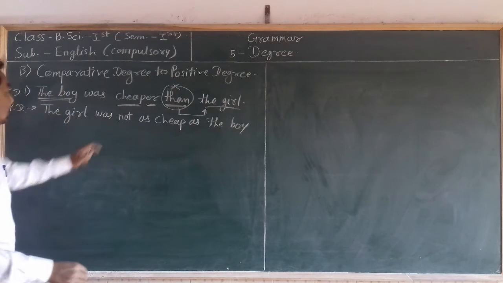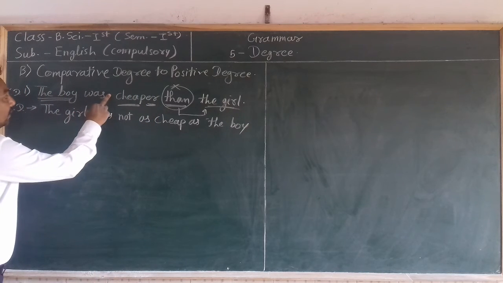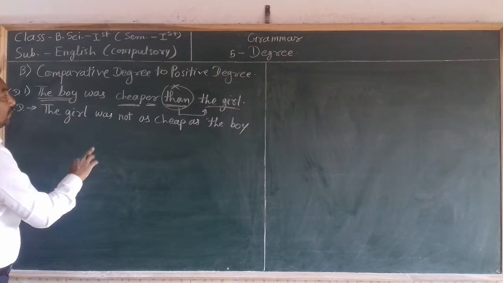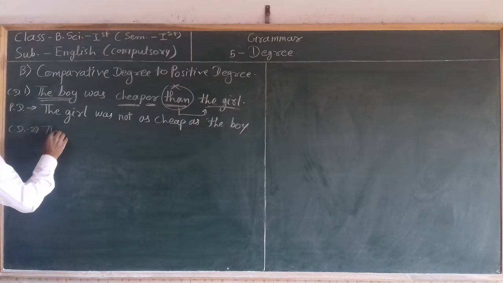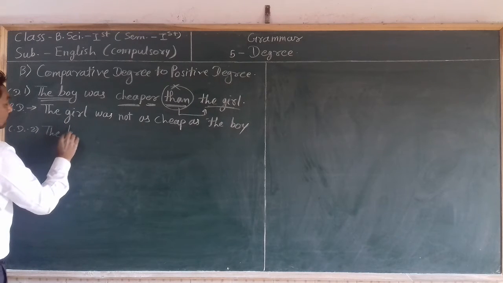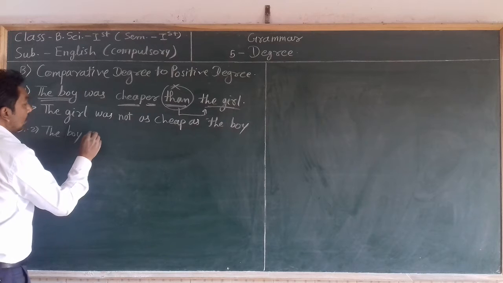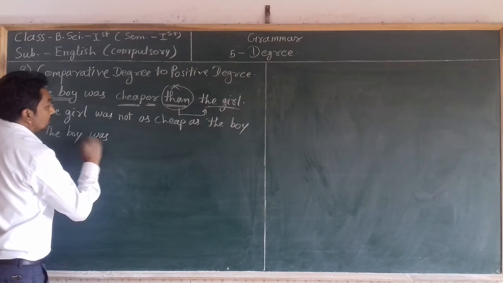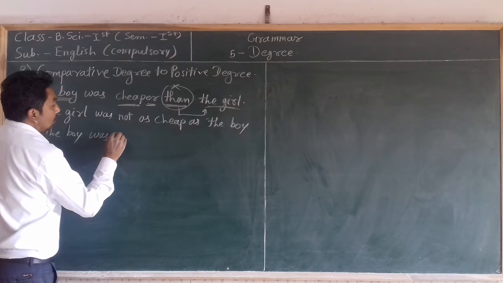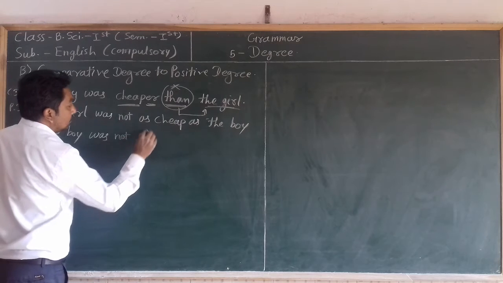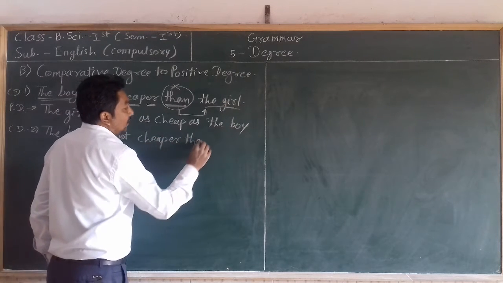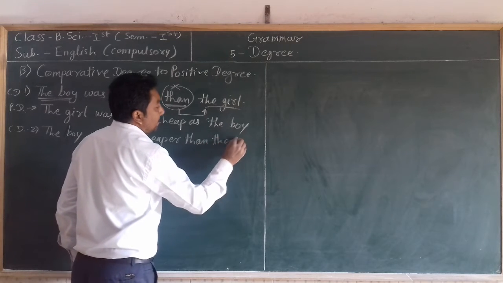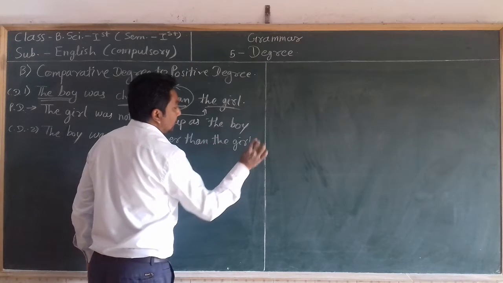But suppose in this sentence there could be given not after the helping verb. So how can we transform this sentence? The boy was not cheaper than the girl.